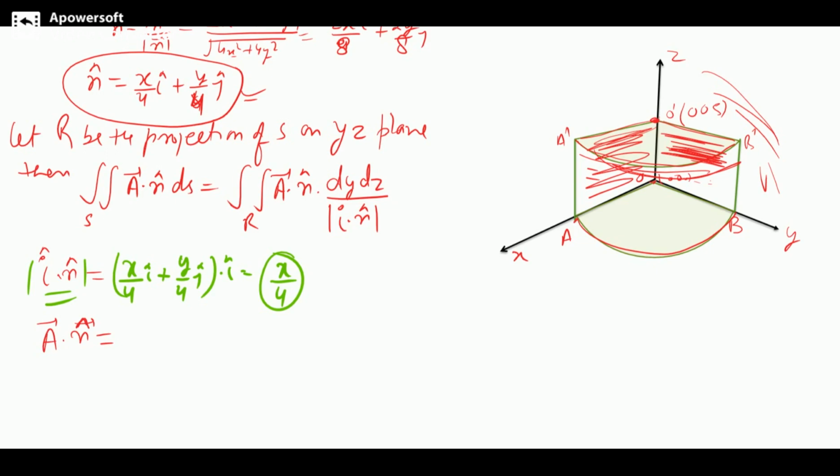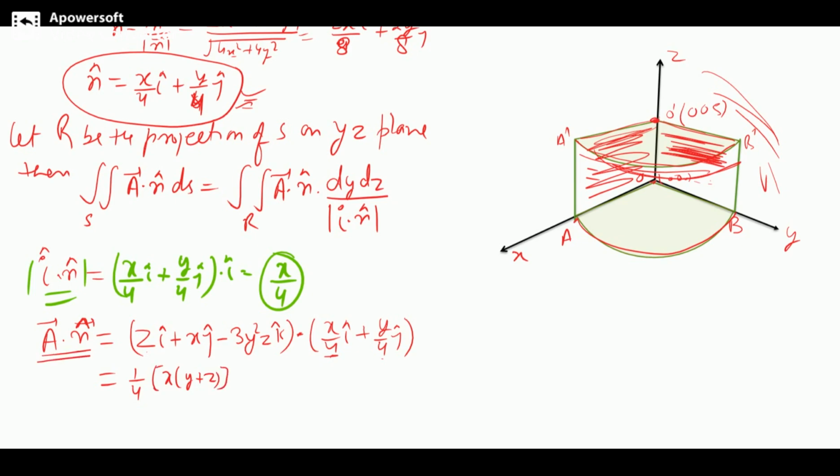The A vector is zi plus xj minus 3y square z k. Taking the dot product with x by 4 i plus y by 4 j, we get 1 by 4 xz plus 1 by 4 xy, so 1 by 4 x times y plus z. So this is A dot n cap.